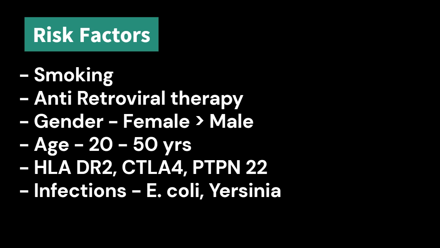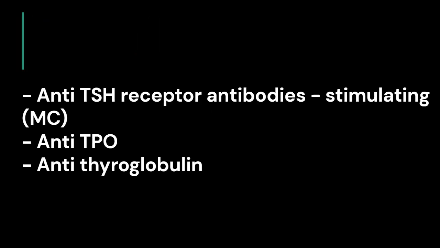Then, if we talk about genetic susceptibility, the people having CTLA4, PTPN22, these genes are more affected. And in infections, E. coli and Yersinia infections are known to predispose to Graves' disease.